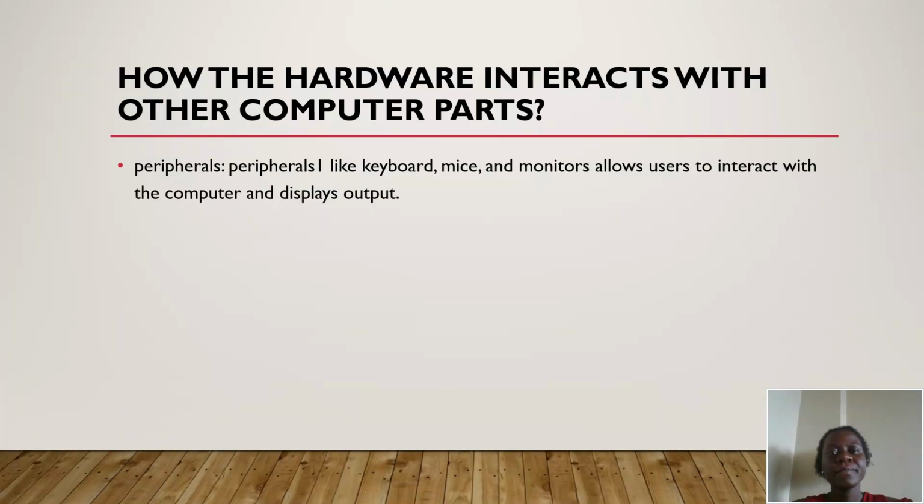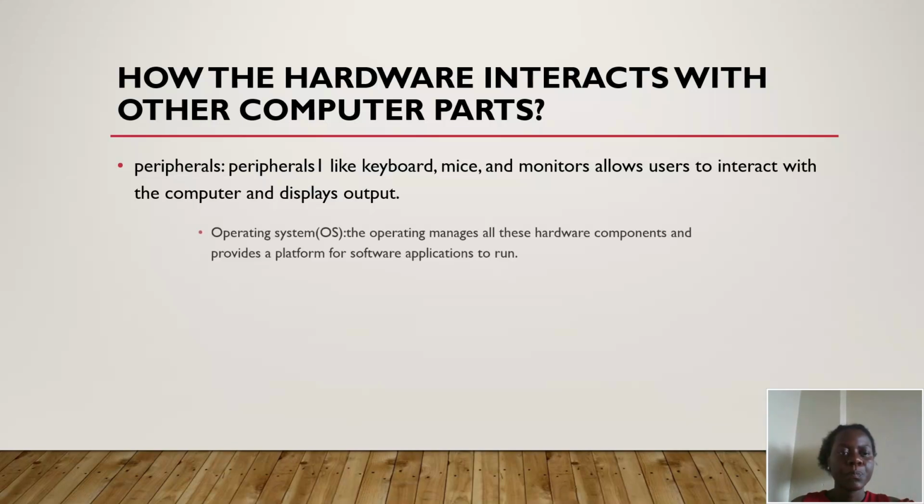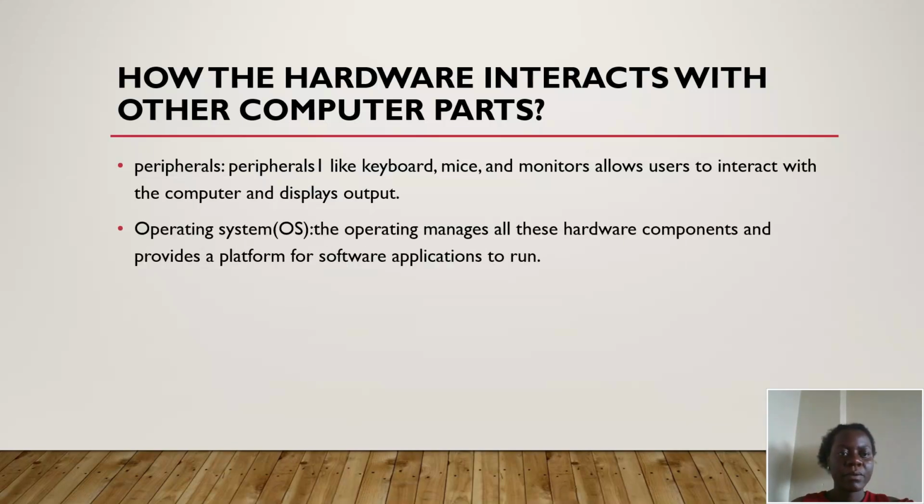Let us have the interaction between the hardware and other computer parts. Have the peripherals like the keyboard, the mouse, and monitors that allow users to interact with the computer and display output. Operating system.